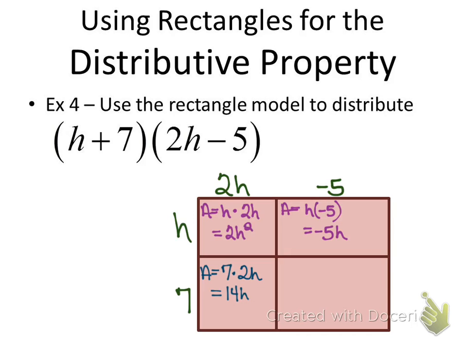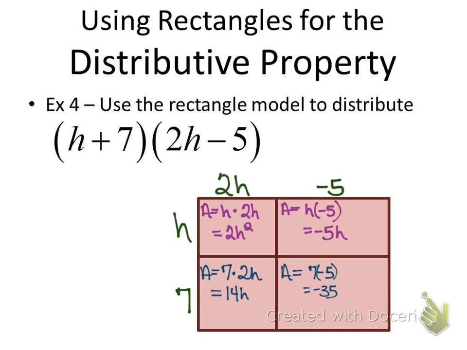Bottom right. 7 times -5. Should I write it like that? What's wrong with that? It looks like it's in print. 7 times -5, which equals? Paige? -35. Good.